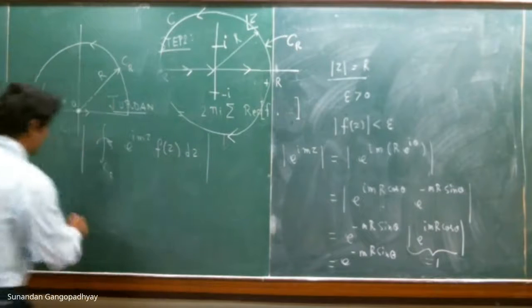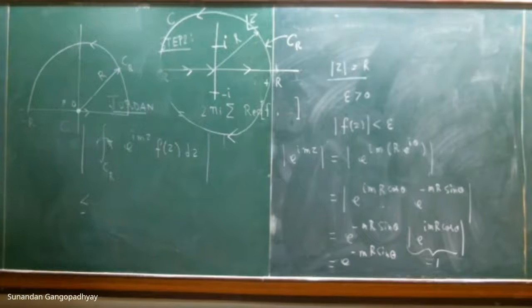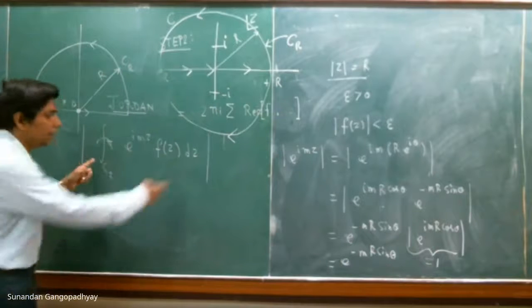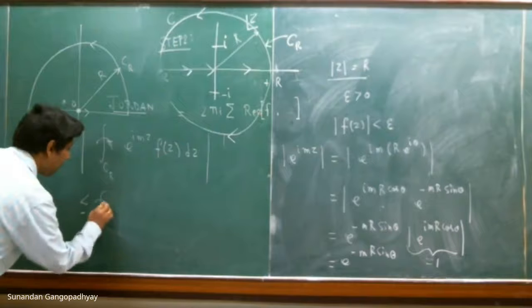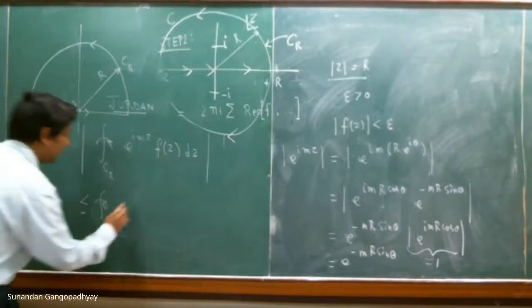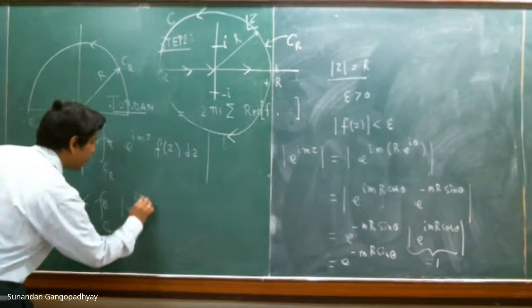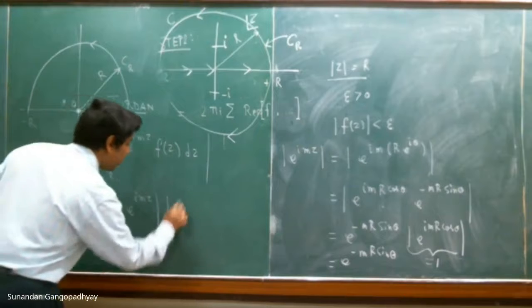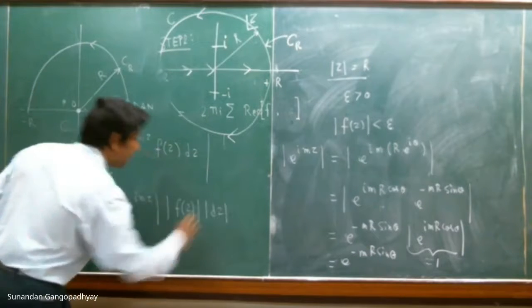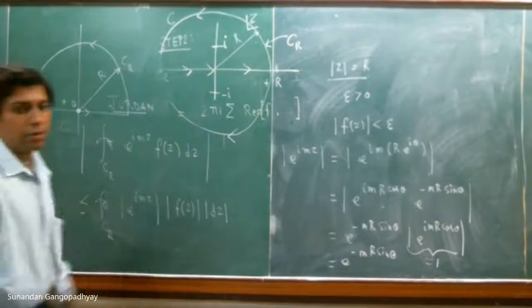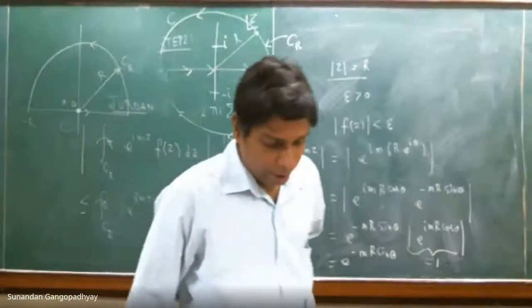You have a nice inequality: the modulus of this integral is less than or equal to the integral over C_R of the modulus of e to the power of i m z, times the modulus of f of z, times the modulus of dz.